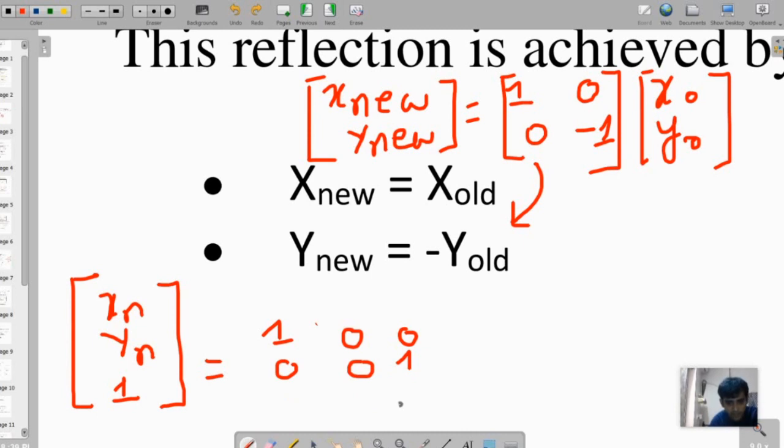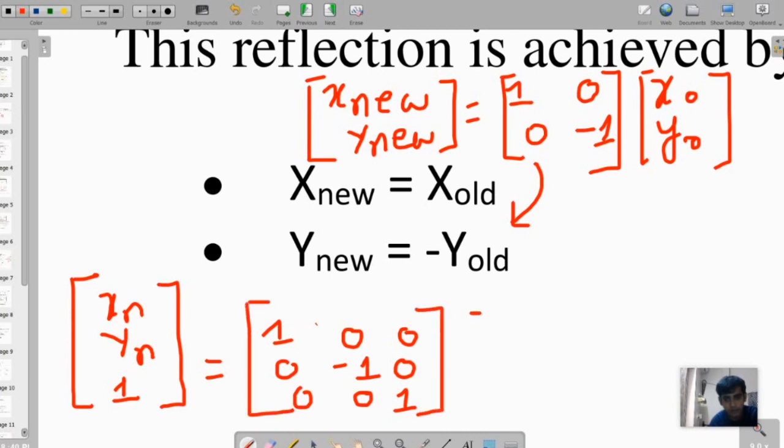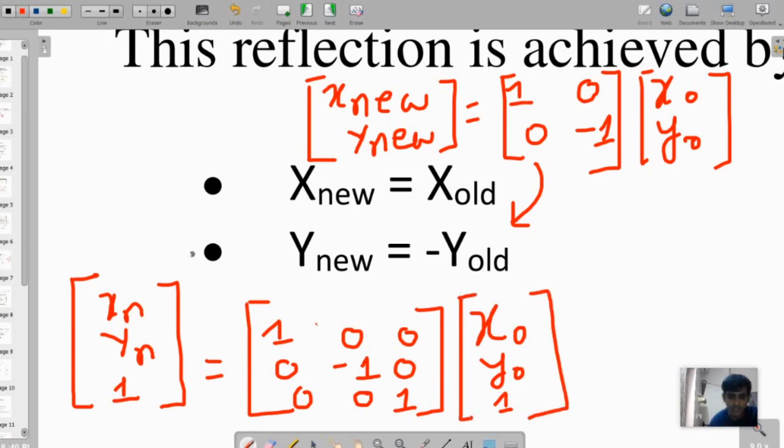Oh, I've made some mistake, I think. Yes, here it should be minus 1. Multiplied with x old, y old, and 1. If you do this multiplication, once again you will arrive at this conclusion. Now you will have your homogeneous one as the last line.